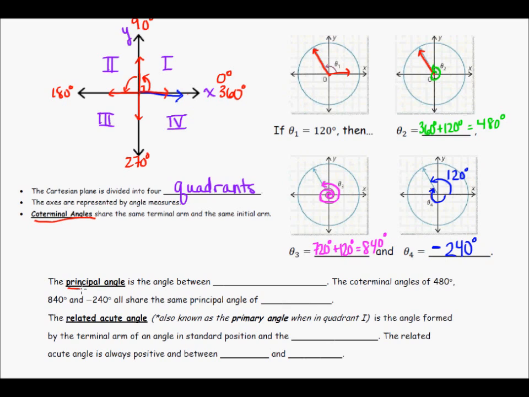A principal angle is the angle between 0 degrees and 360 degrees that a terminal arm represents.